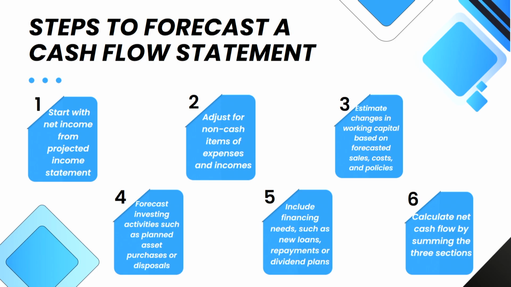Then step 4 is to forecast investing activities such as planned asset purchases or disposals. When we move to the second component of the cash flow statement, it addresses different investing activities. Investing activities simply lead to the acquisition of additional assets in the form of plant, machinery, buildings or any infrastructure, or investment in other businesses by using the surplus cash which is expected to be made available down the line in the future span of time for which we are projecting the cash flow statement.